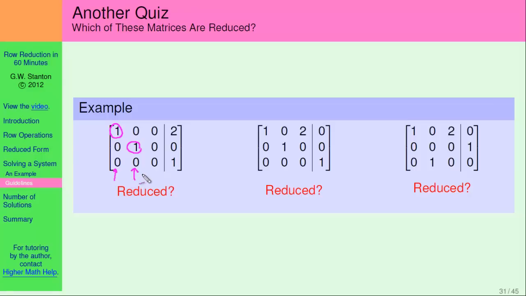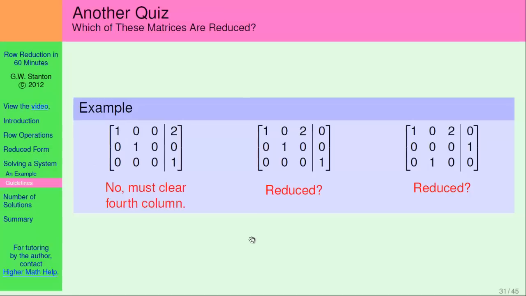That's already done. Next step, we move to the third row. We want to get a leading 1. That's already done. We want to clear its column. That is not done. There's a 2 above this leading 1. And so there's still work left to do. If we were going to reduce this matrix, we would have to turn that 2 into a 0. So this matrix is not reduced.